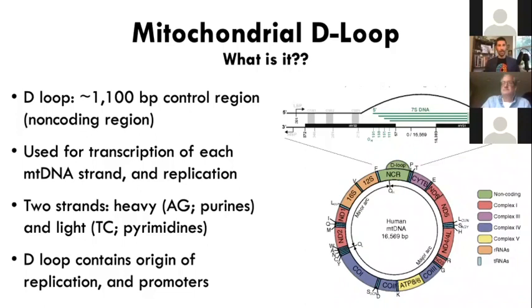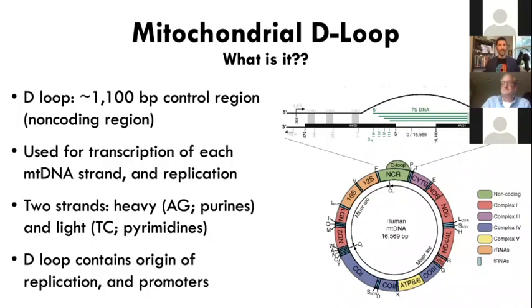So that 1100 base pairs of control region, as we also call it, is very useful because it's not conserved. It doesn't need to do anything in particular for many of the positions, and therefore mutations are observed more commonly. They're not selected against. And so because of that faster mutation rate, or that faster observed substitution rate, it's easier to make trees out of that.